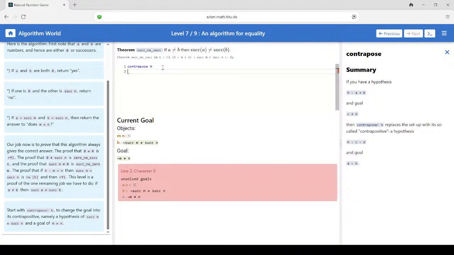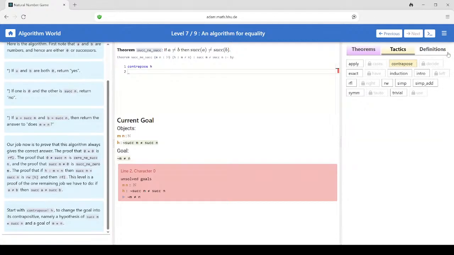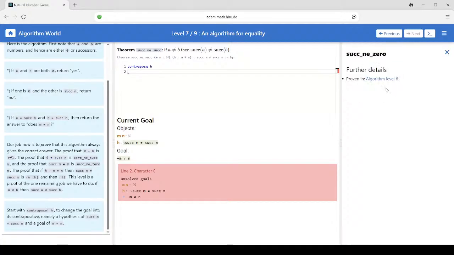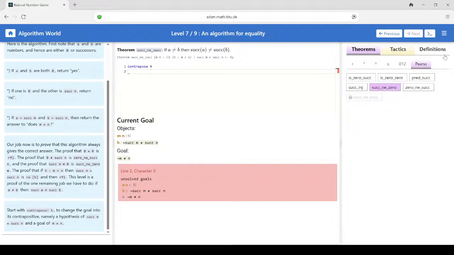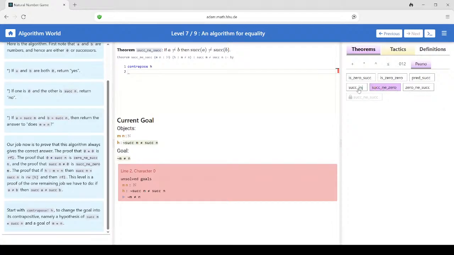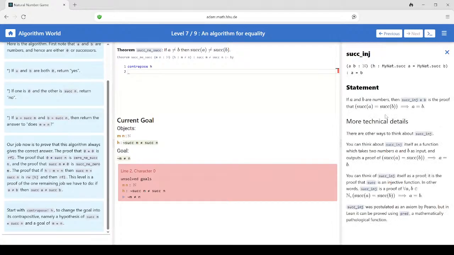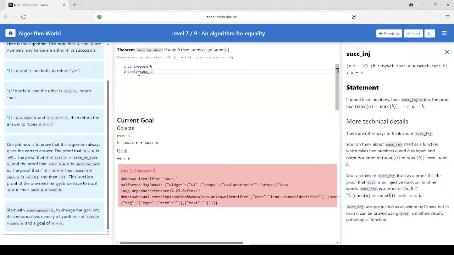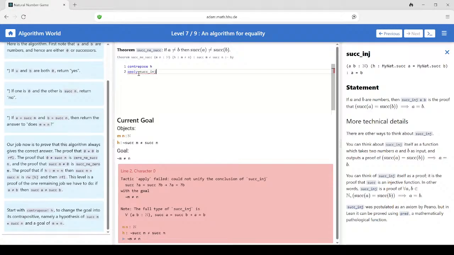Now what do I do? Wait, we just need this one. If the successor of A equals the successor of B, then A equals B. Nope, it doesn't like that.